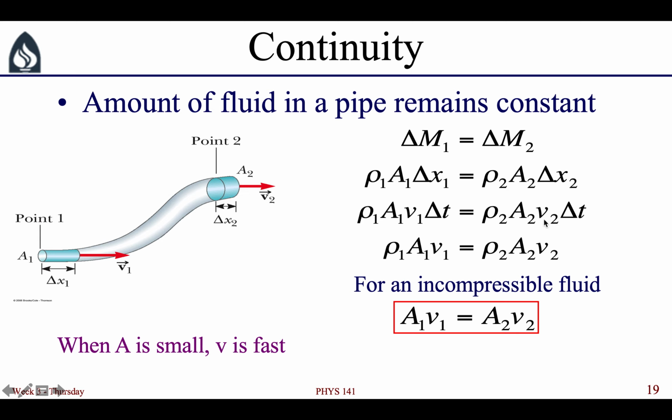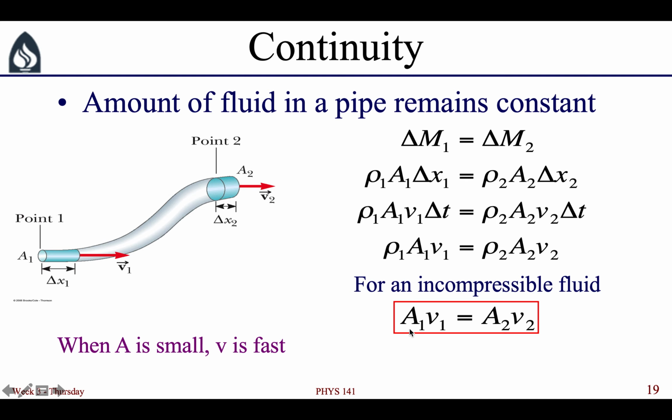That's also equal to velocity times time. Well, we can divide both sides of this equation by delta t, since it appears on both sides, and get this expression here. And then if we assume that we have an incompressible fluid, which is typically true for most fluids, the density of the fluid is going to remain the same, and so densities will cancel, and we get this expression here.